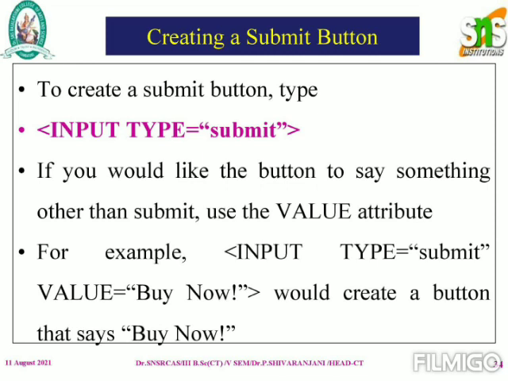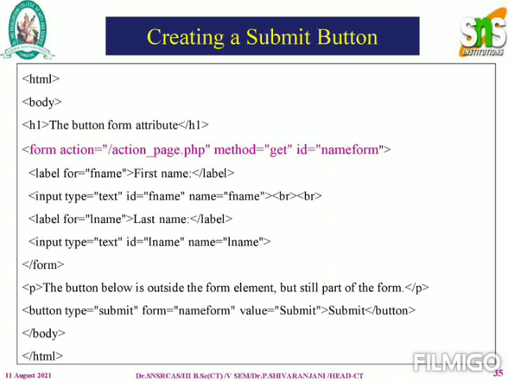So this is the code which will help you to create a button option. I start with an HTML, and inside the body I have created a heading. So button form attributes, and I've given the form action equal to action underscore page.php, method equal to get, and ID equal to forms.